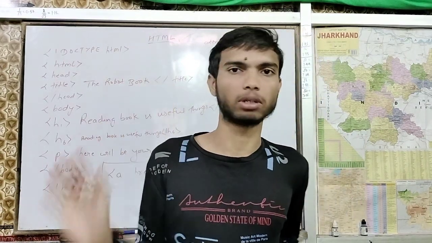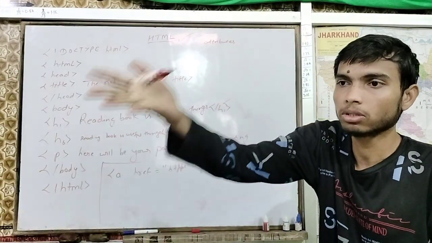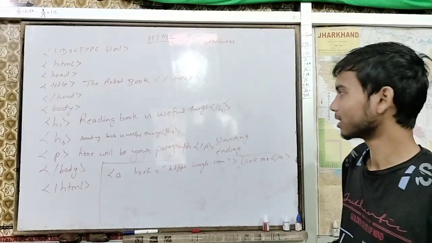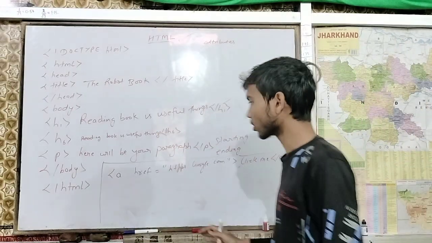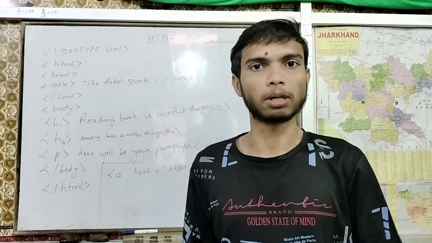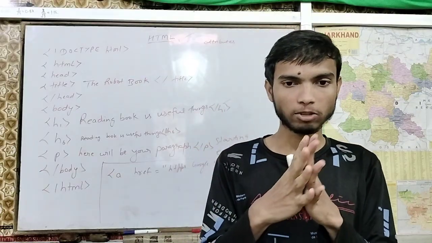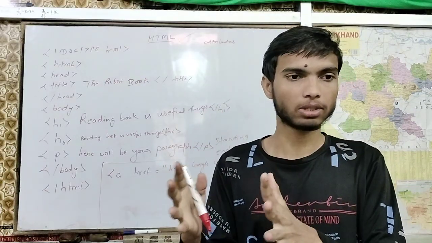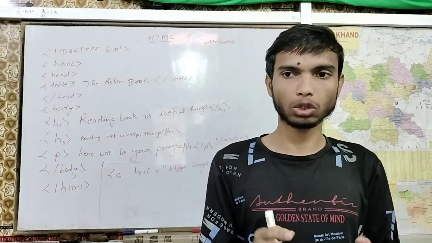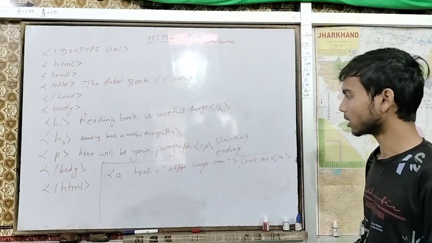This is the work of an attribute. We use an attribute so that we can provide additional information about an element. For example, we are inserting an image. So the image is the element, and if you want the size of this image to be this much, the width should be this much, for this you will have to use attributes. That's why we use attributes, so that we can provide additional information.